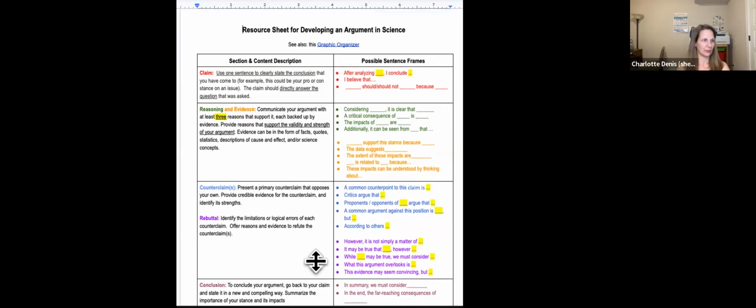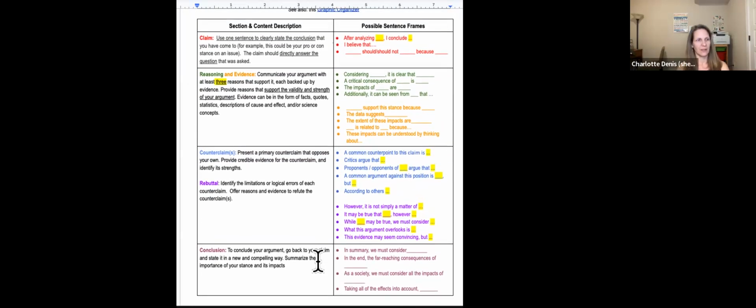But what we add here is the idea of a counterclaim and rebuttal. Because in order to understand your own argument as best you can, you should really know what the counter argument is. So students write about at least one counter argument and then rebut it with their best pieces of information. And then they conclude.